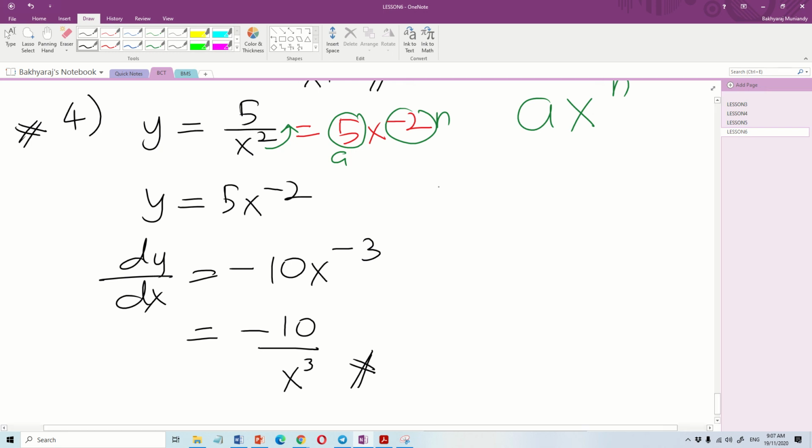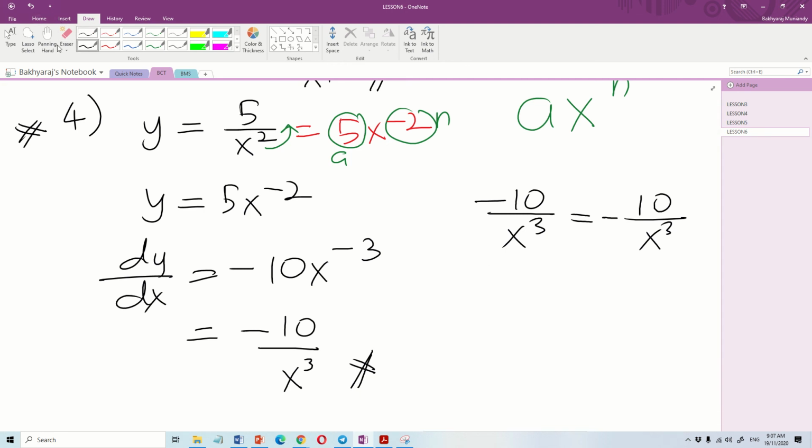Maksudnya macam mana tu? Maksudnya you kata negative 10 ke macam ni? Atas tu sudah jadi negatif. Okay, very good question. Saya nak jelaskan di sini. Everyone please pay attention for this.